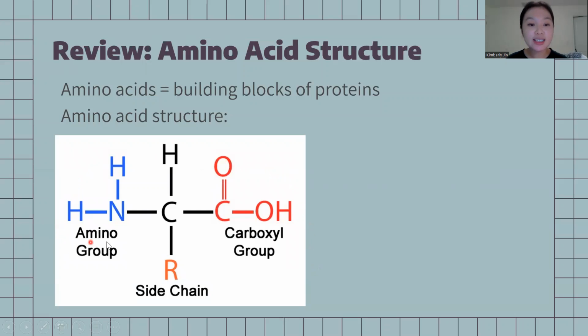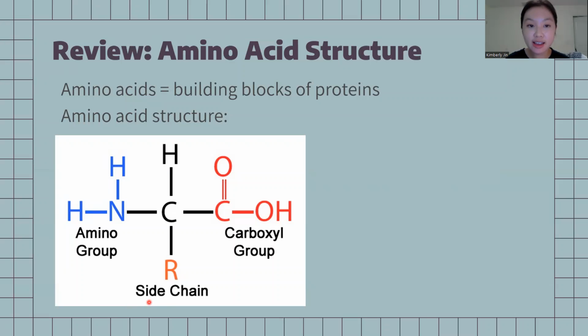So all amino acids have a generalized structure where they have a constant amino group, central carbon, hydrogen group, and carboxyl group. The variable portion of amino acids falls within the side chain or R group. I'm going to be using these two terms interchangeably, but they mean the same thing.